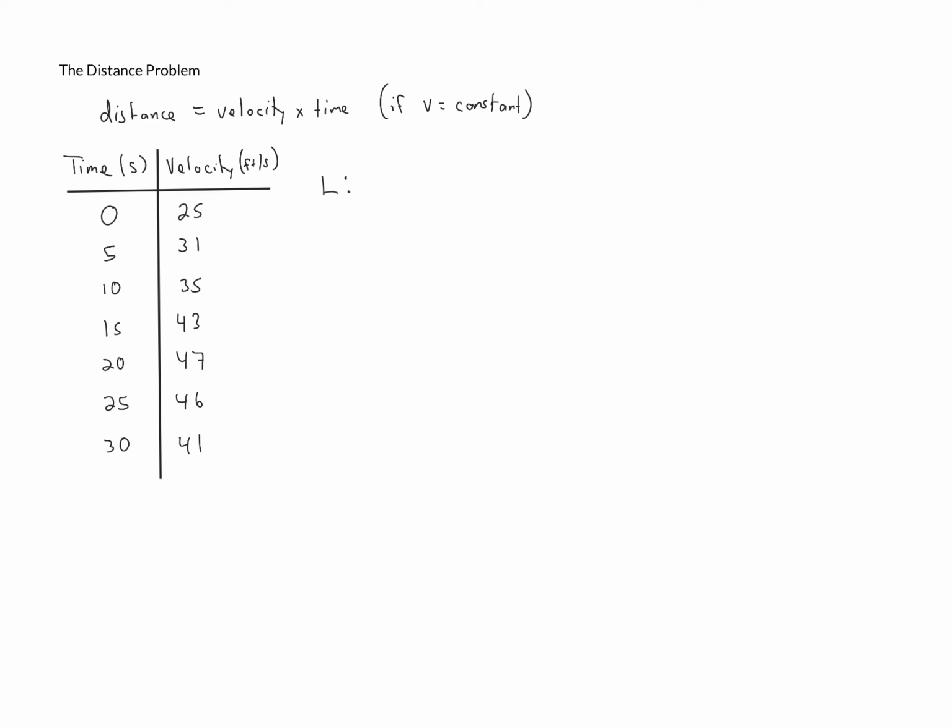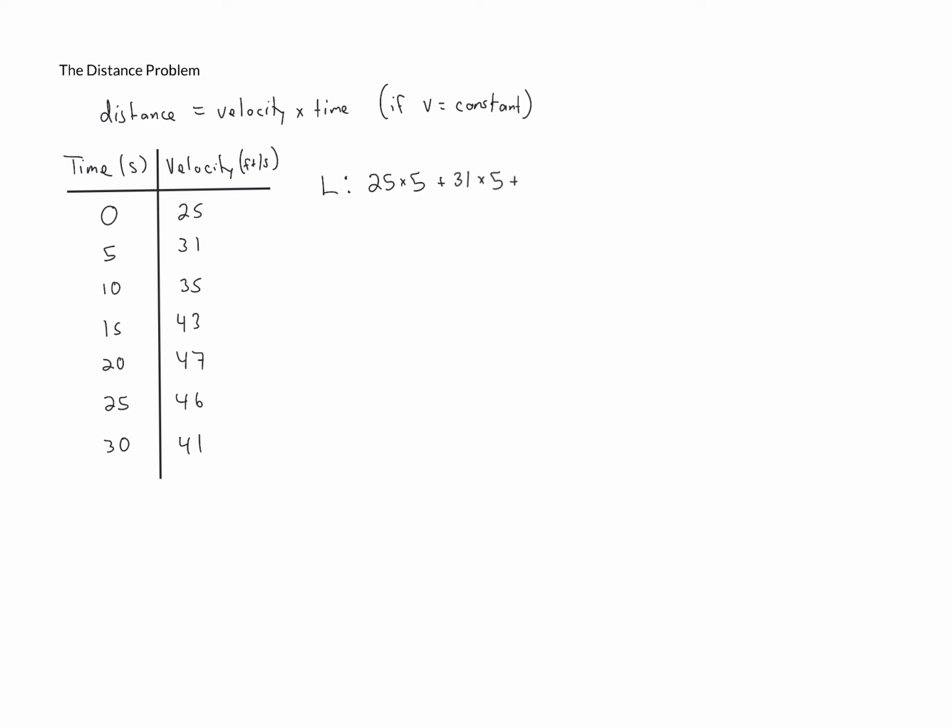So we know that distance is velocity times time. And so for this first interval, the velocity, if we're doing the starting velocities, the left-handed velocities, is 25 times the time, which is 5 seconds. And then plus, in the next interval, from 5 to 10 seconds, we take that starting velocity. So the velocity is 31 times, again, the time is 5 seconds.